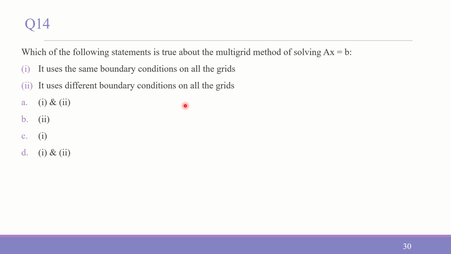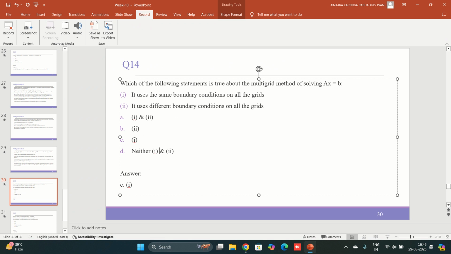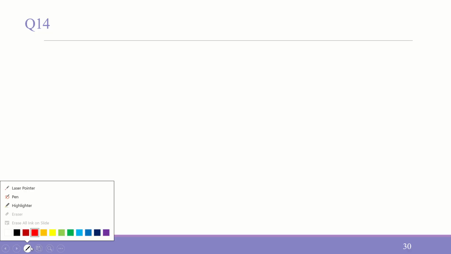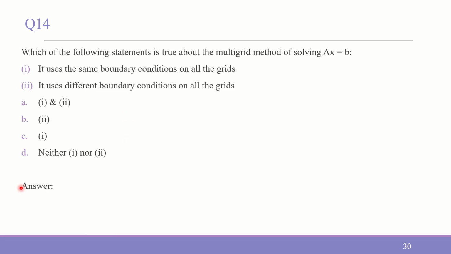Your answer is option C, because it uses the same boundary condition on all the grids. So option C, that is, it uses the same boundary condition on all the grids, is the right answer.